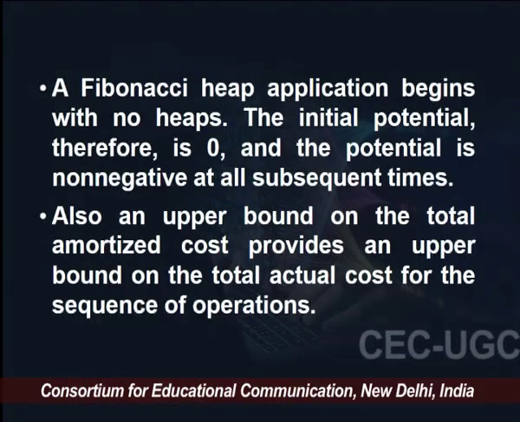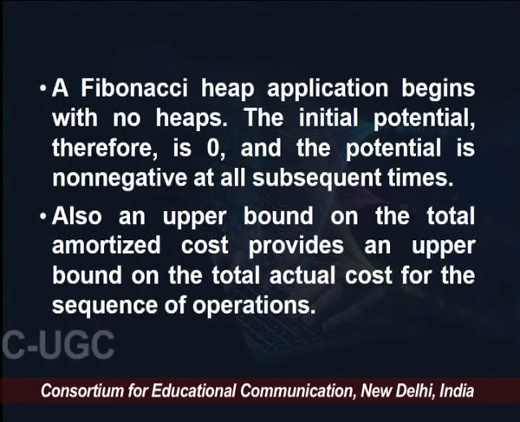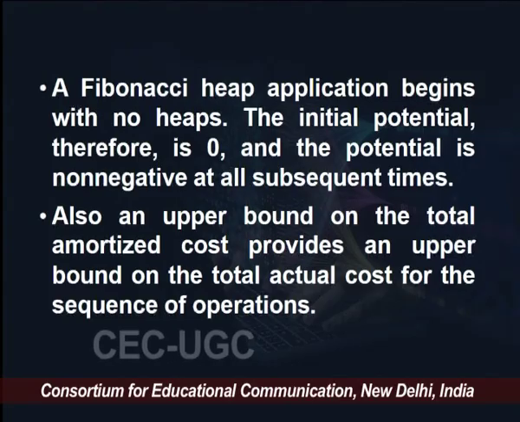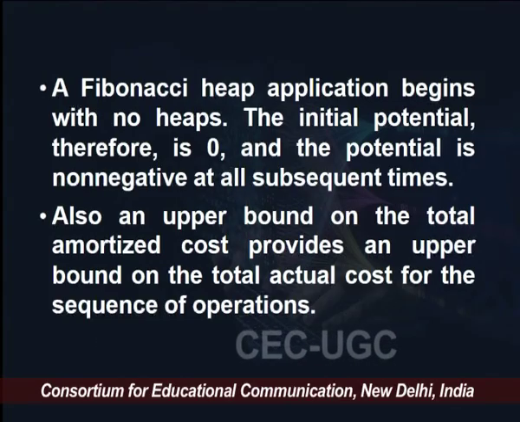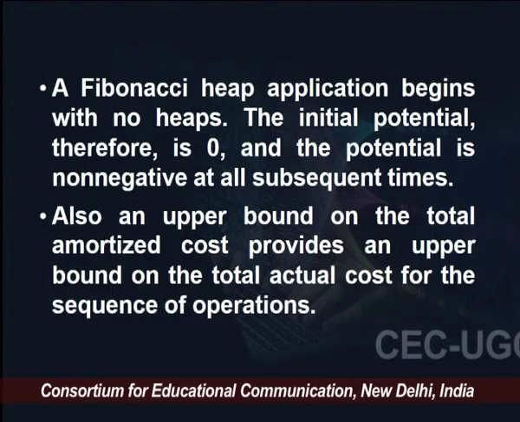If you recall, the potential is required to be non-negative at all subsequent times, and the initial potential is 0 because the Fibonacci heap does not have any tree inside it. Also, the upper bound on the total amortized cost is provided by the upper bound on the total actual cost for the sequence of operations.